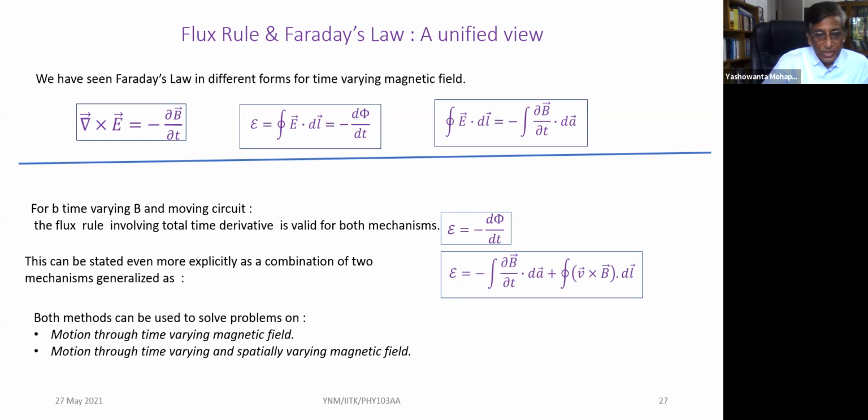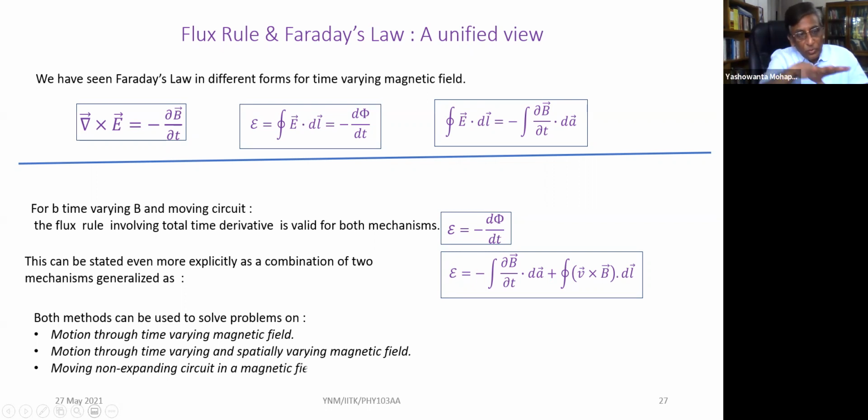Then of course, both these methods would work. Okay. You can have a moving non-expanding circuit, which is normally one arm was moving on rails, so that is an expanding circuit, but it could be a circuit which is not expanding. So area is the same, but it is moving, okay, or is rotating, okay, all that. So all cases are covered by this.